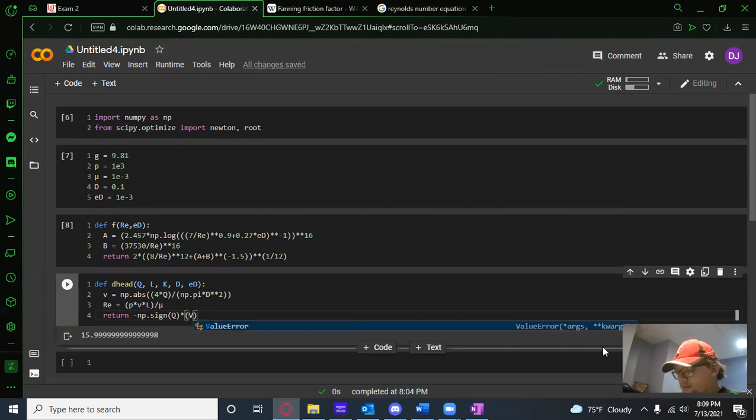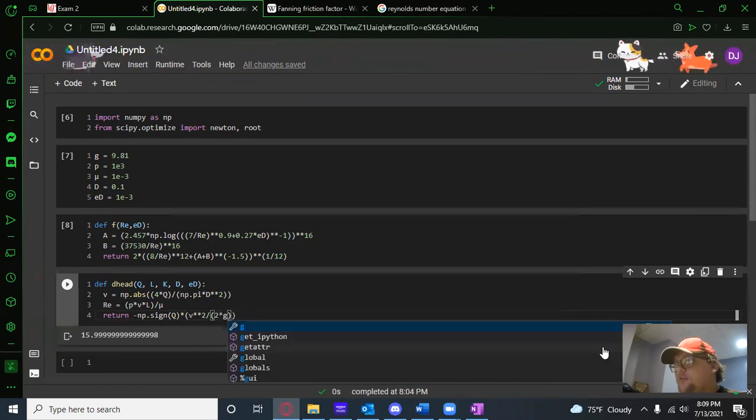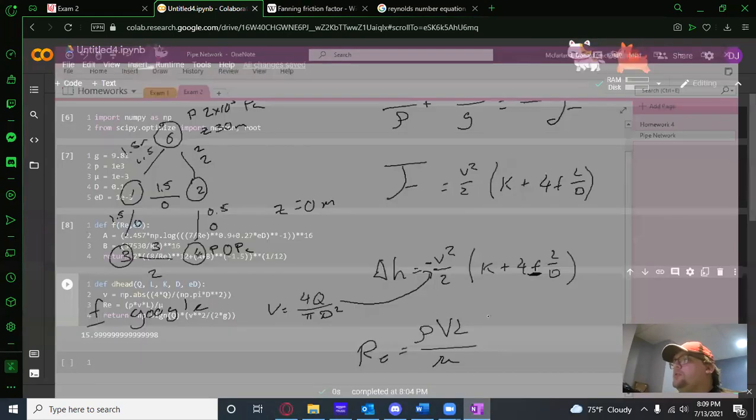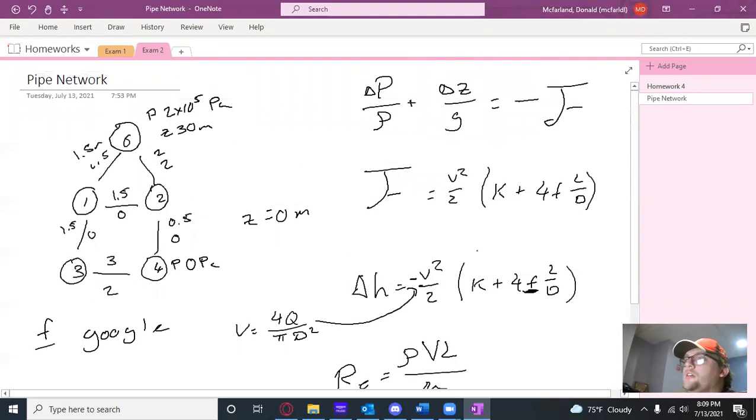velocity squared over 2 times gravity. Actually, did I remember to put gravity on here? I did not. Okay. So what happens here is gravity is actually shifted to this side of the equation because it's not divided. I don't know why I put that.